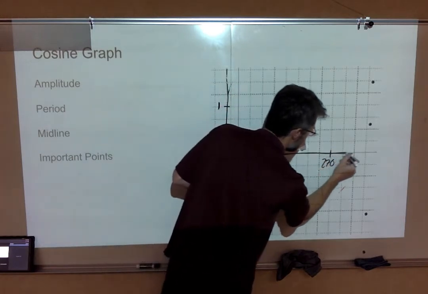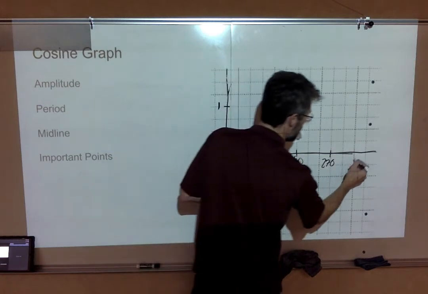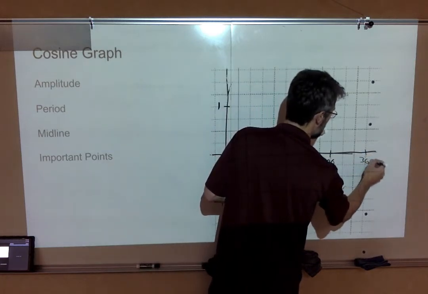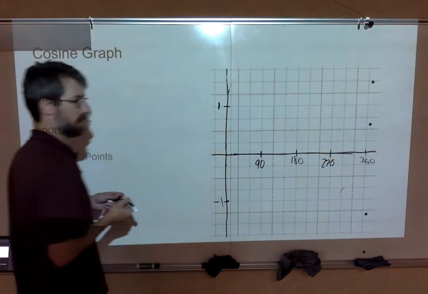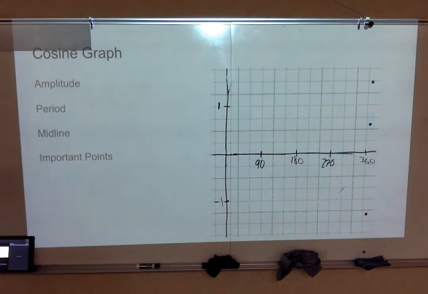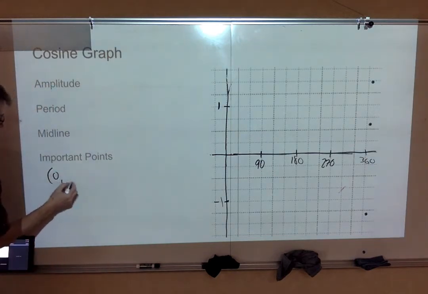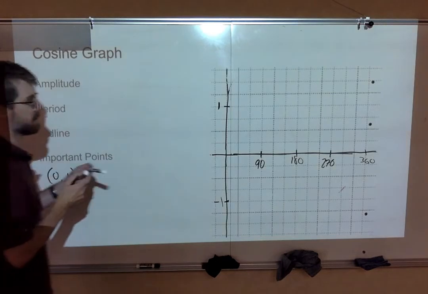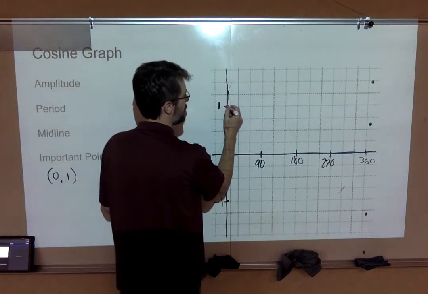So we're going to use this same horizontal scale. The x values of our important points are going to be the same, and we are going to go from 1 to -1 again. But now, our important points, at an angle of 0, cosine is +1. So our first point is (0, 1).